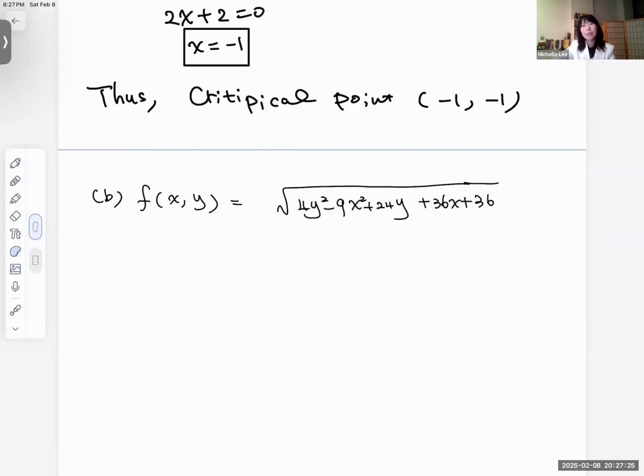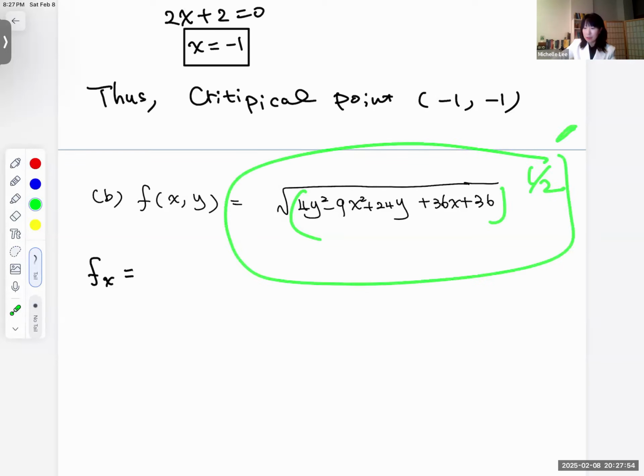This is the second problem. We have a square root of that, right? We want to take the derivative partially with respect to x and with respect to y. So partial derivative with respect to x first. We had experience with this in the previous section. This is 1/2 power. We take the derivative, drop the power, and reduce by 1, so that's negative 1/2.